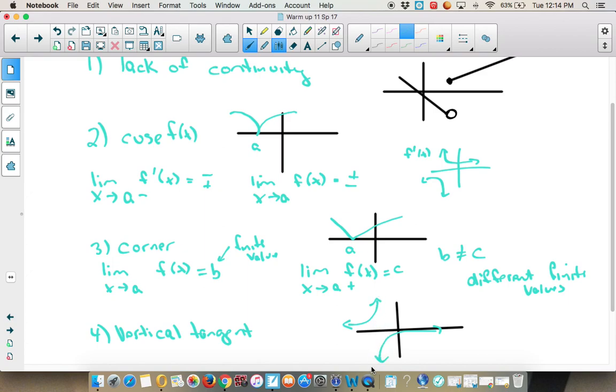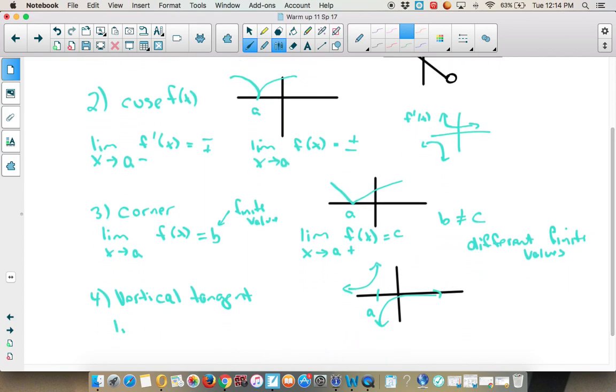Okay, so my differentiability is going to fail at A because my limit as x approaches A from the left of my function equals positive or negative infinity, and the limit as x approaches A from the right of my function also approaches positive or negative infinity.